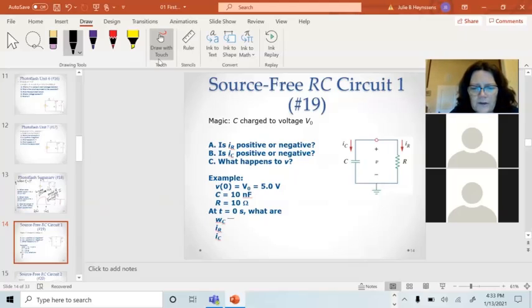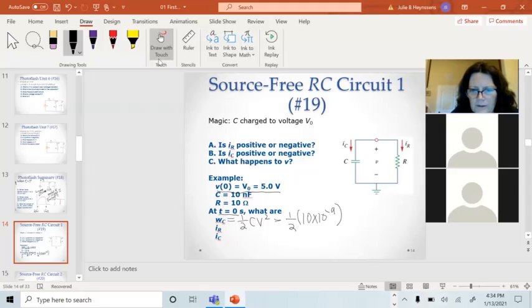A couple of things that you can get here is the energy in the capacitor. Remember the equation from yesterday or last class. It's 1/2 CV squared. So at time t equals 0, I know the voltage, it's 5 volts. My energy would be 1/2 times 10 nanofarads, which is 10 times 10 to the minus 9th.